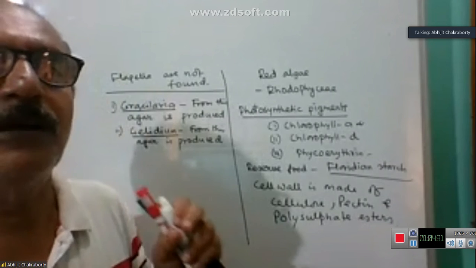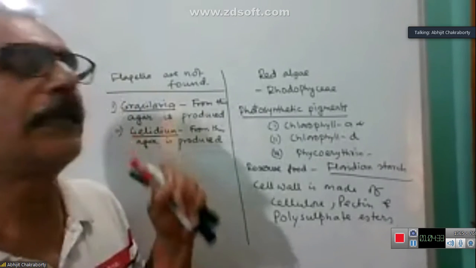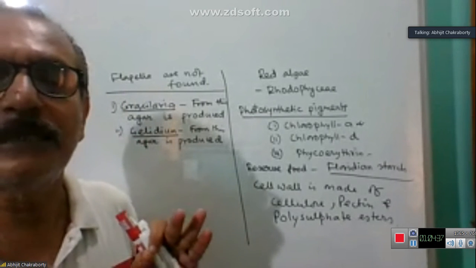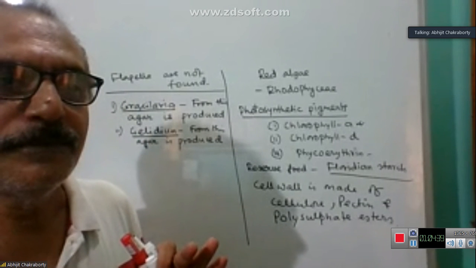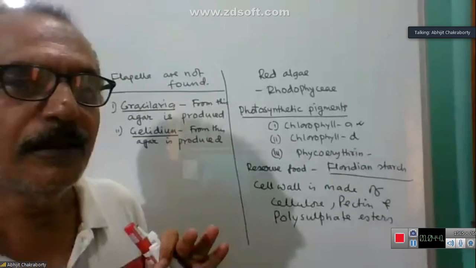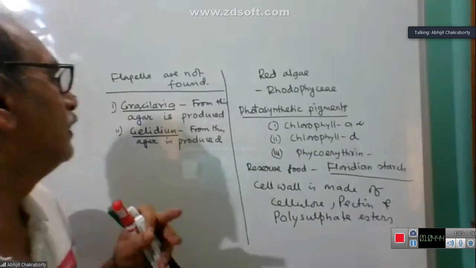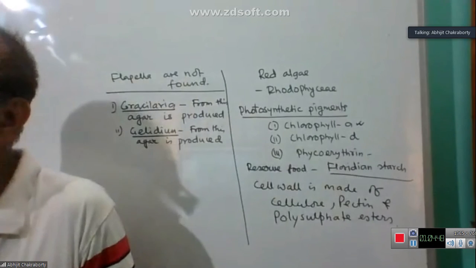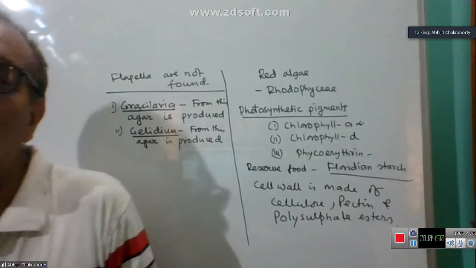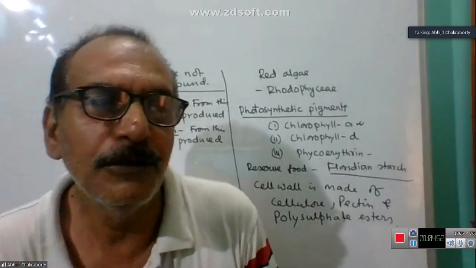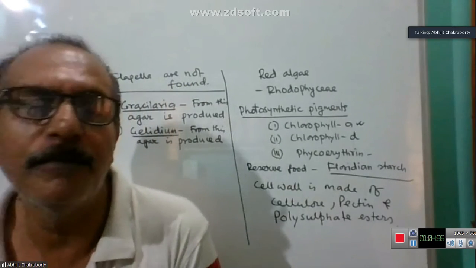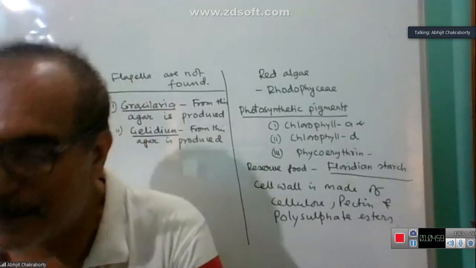So agar is the product of these two red algae. Is it clear now? Sir, used in lab for? For making synthetic medium for growing different microorganisms.